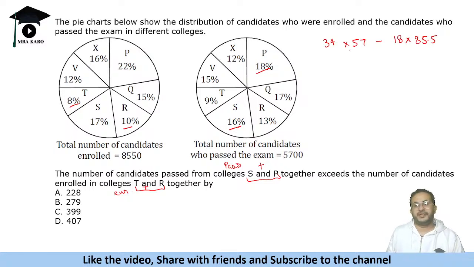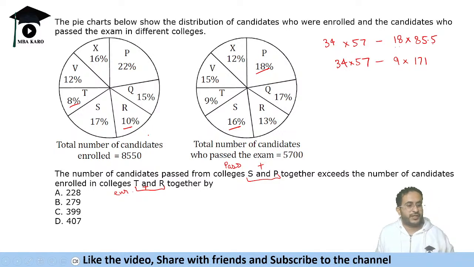Now if you have to multiply something in decimal, you can do it in 9 by taking half of it and double of it: 9 into 17. At this stage, of course, you can calculate 34 into 57 minus 9 into this. There is no harm in doing it.